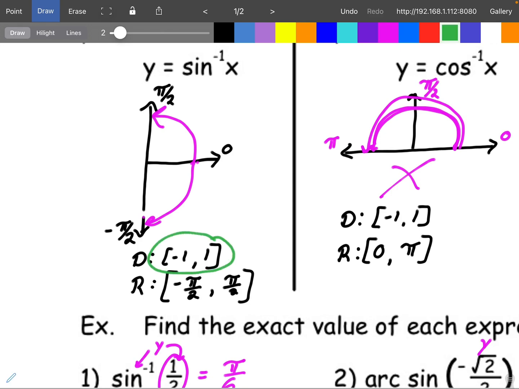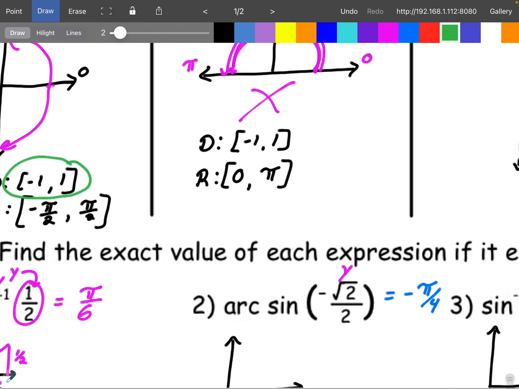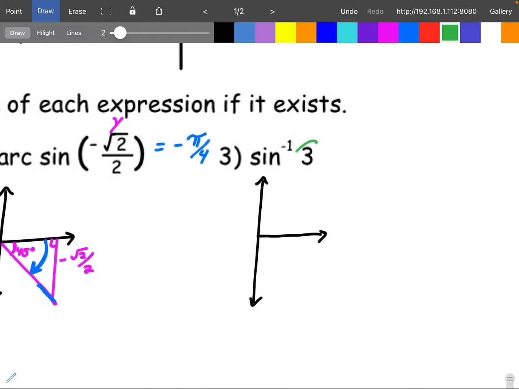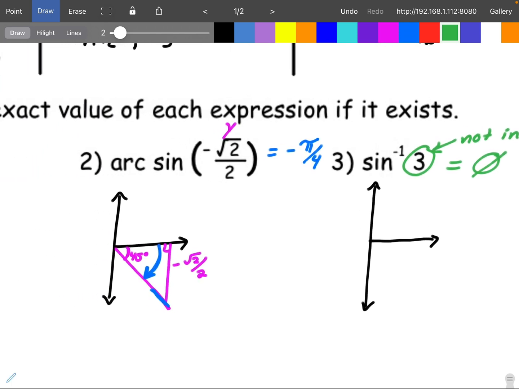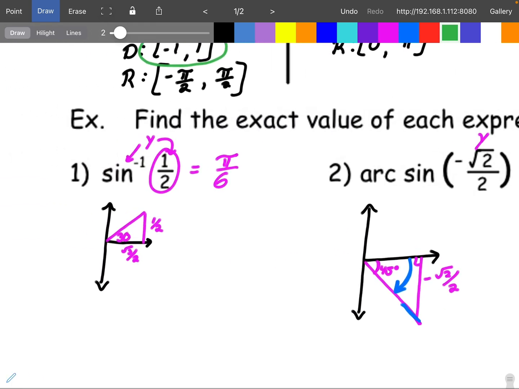My domain for inverse sine must be between -1 and 1. I'm doing inverse sine of 3. This is not within my domain, which means that cannot happen. So this one would simply be no solution.